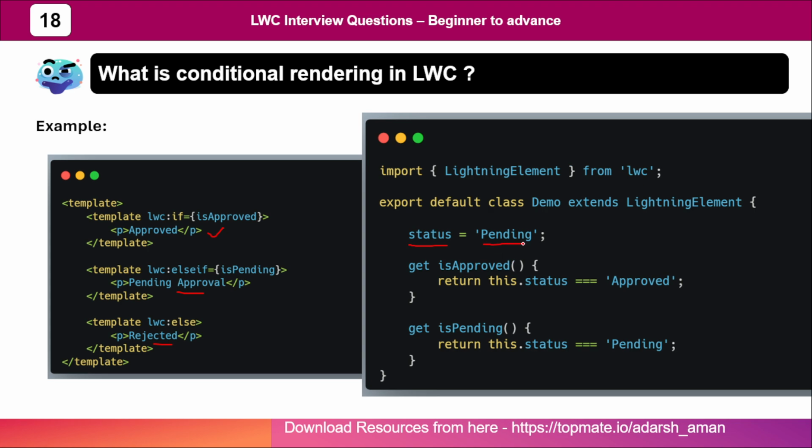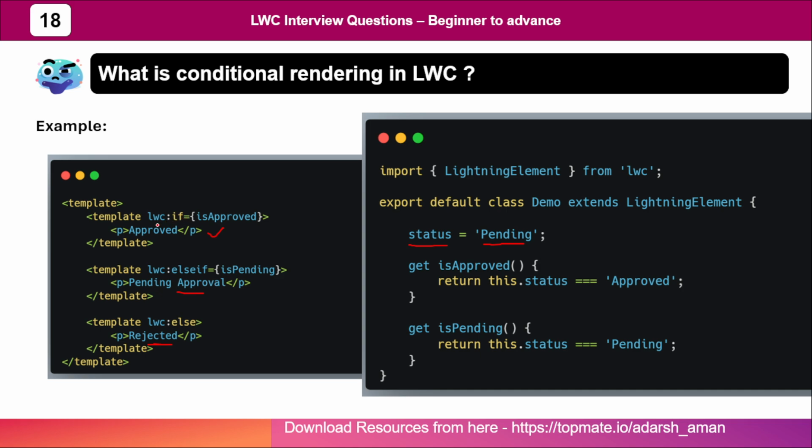It has a default value of pending, but if the status value is approved, we want to show approved on the UI. If the status is, let's say, pending, we want to show pending approval. If the status is any other random value, in that case we want to show rejected, right? So how can we achieve this?